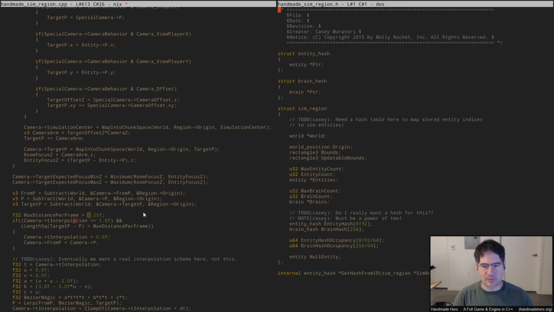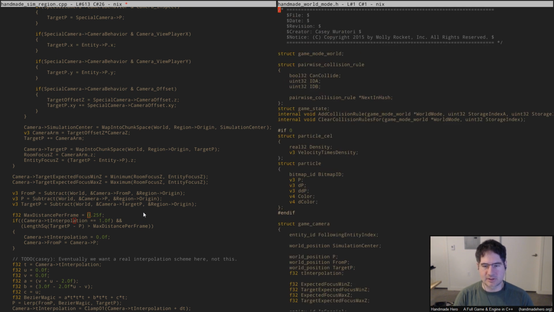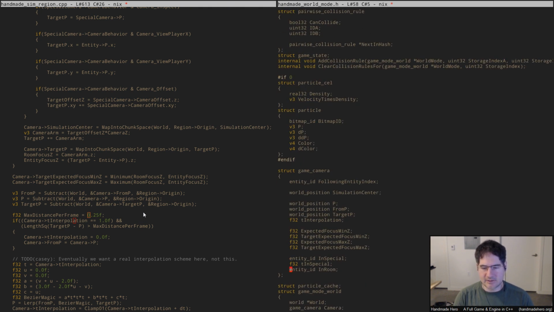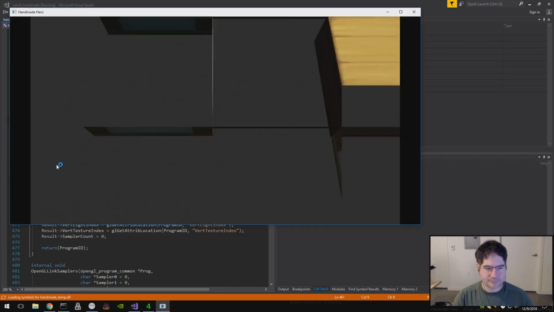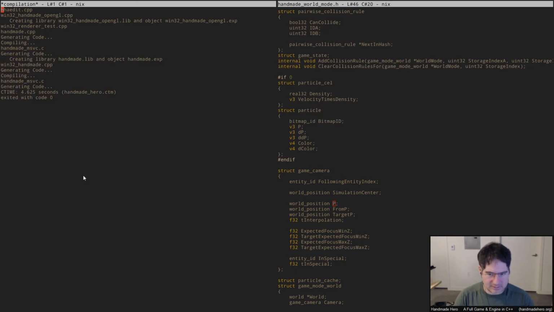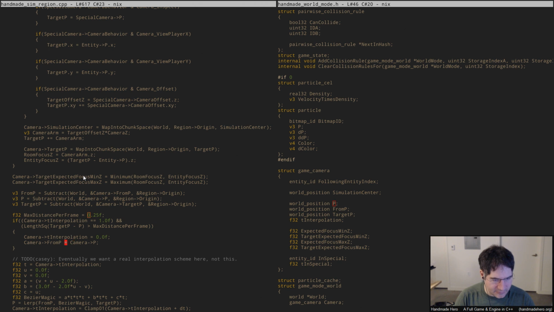That would mean that we don't really have to set the in-room anymore, and that goes away. So then we just have t interpolation and the target from construction, right? I need to make sure we set the from, though. Yes, we did. Okay, so that's all fine, I think.